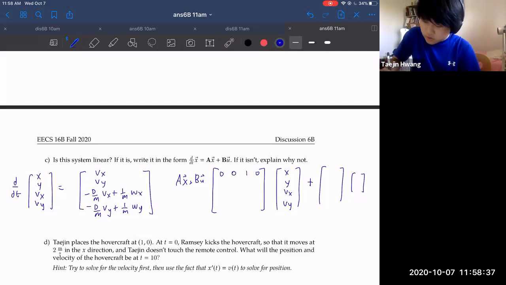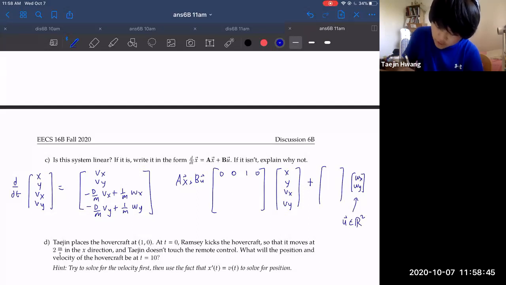Something good to think about is that your U vector is a vector in R2, and your state vector X is in R4. So if we want BU to also be in R4, then B needs to be 4 by 2.